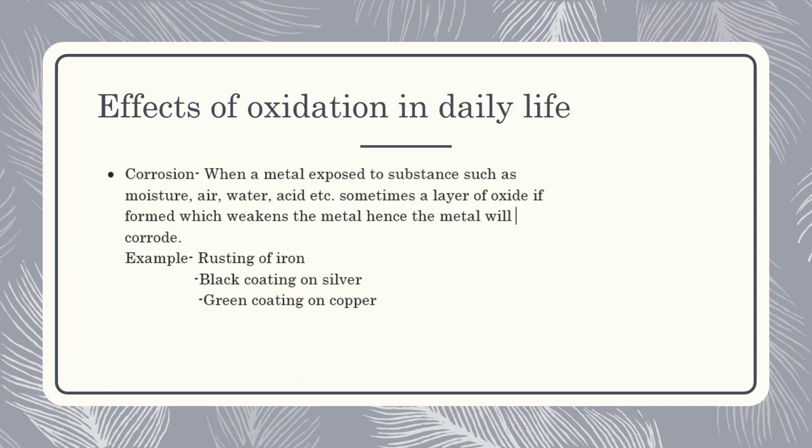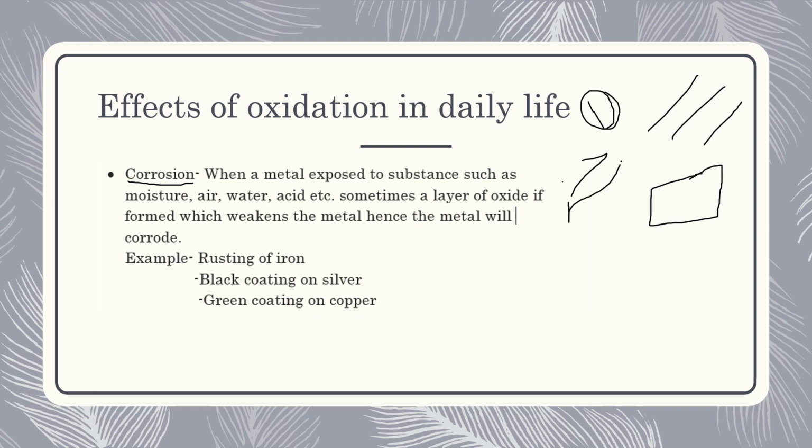The next we go, which is the effect of oxidation in daily life. This is important to know, and this may also be asked in our classes. So you all must know corrosion. If some metal object is left out in the sun, the rain, the moisture and the air which is blowing, a thin layer of oxide forms on it, which is brownish red in color, and this is called corrosion.